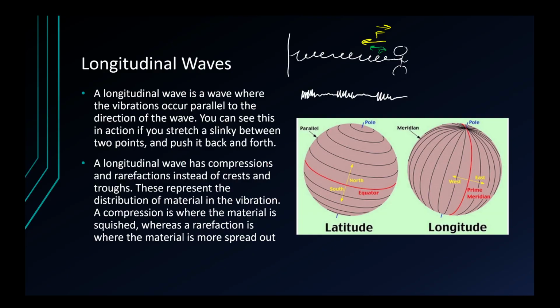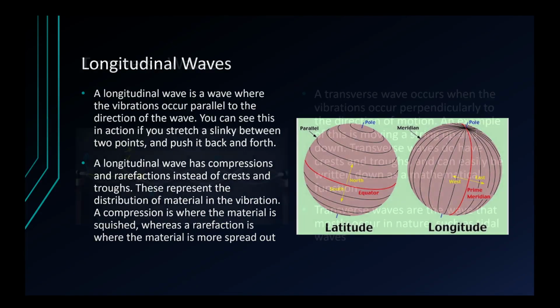The compressions are these bits here, when the wave is bunched up. And this one is not a refraction, it is actually rarefaction. That often confuses a couple of students, but this bit where the wave is slightly more spread out is known as a rarefaction. Okay, so hopefully that's clear enough.